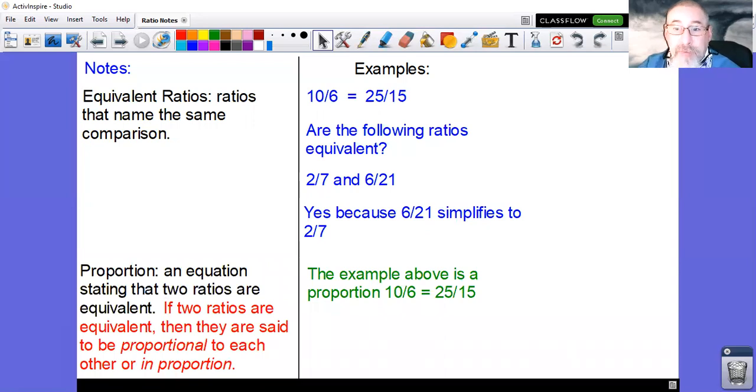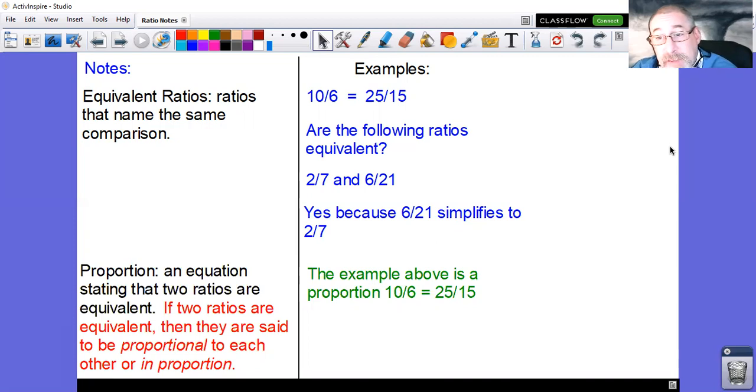Now, when we have ratios that are equivalent, and we can set them up in an equation, we now have a proportion. So a proportion is an equation stating that two ratios are equivalent. If the ratios are equivalent, they are said to be proportional to each other or in proportion.